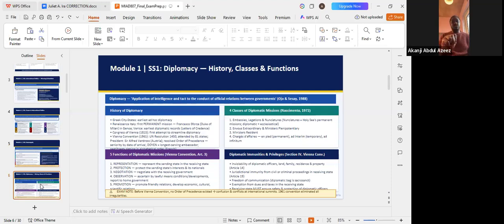Now, the fourth concept you are looking at is diplomacy. We've talked about international politics. We've talked about power. We've talked about sovereignty, that's the third one. The fourth one is diplomacy. Understand? We are still in module 1, section 1.